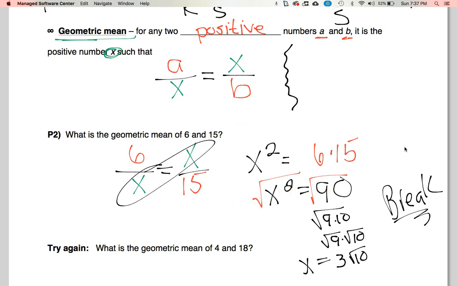We can write it as x squared equals, I'm going to use the same colors, x squared equals AB. Or you can think of it as x equals, because we want to know what the geometric mean is. So this is kind of a favorite right here. X equals the square root of AB.